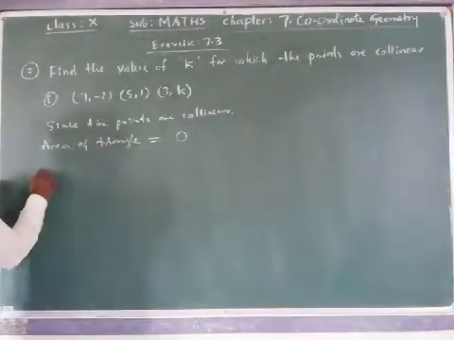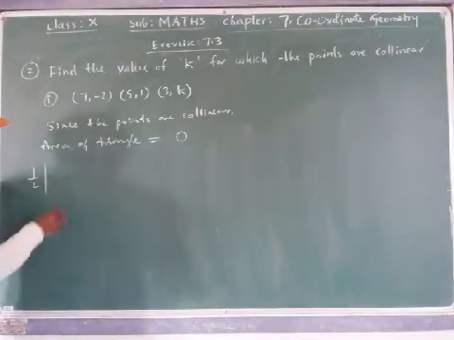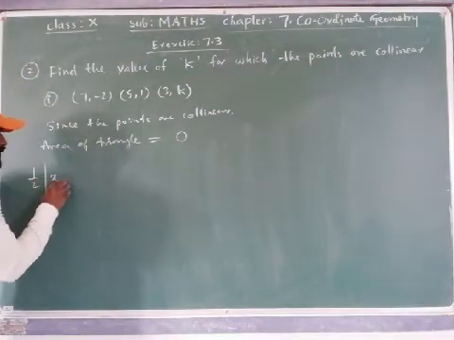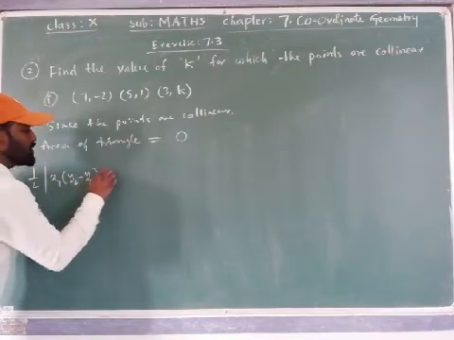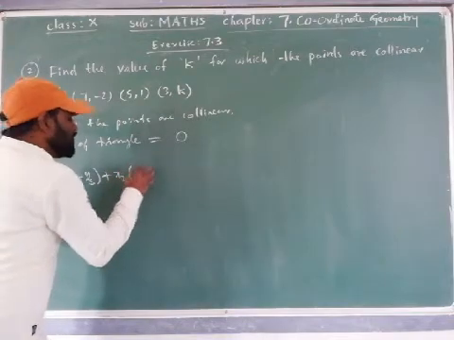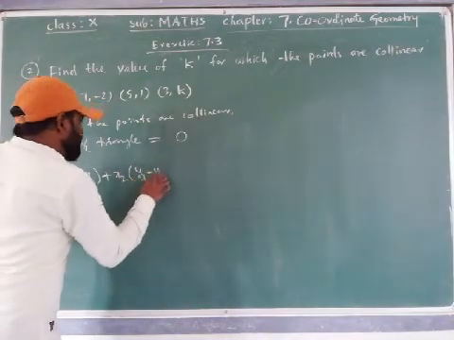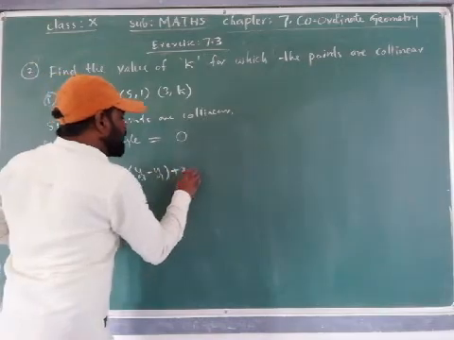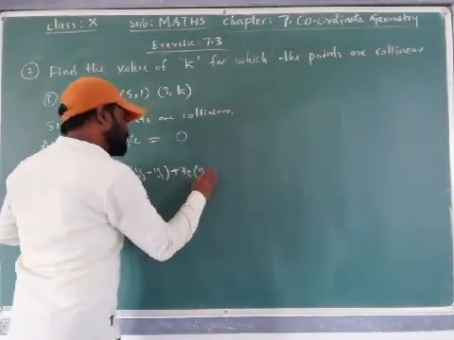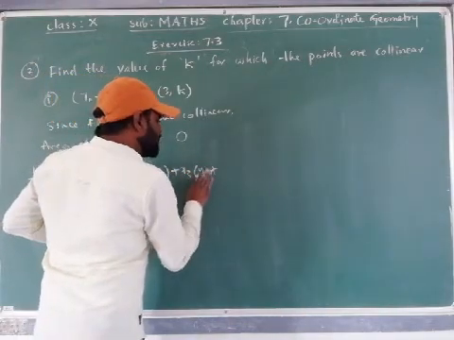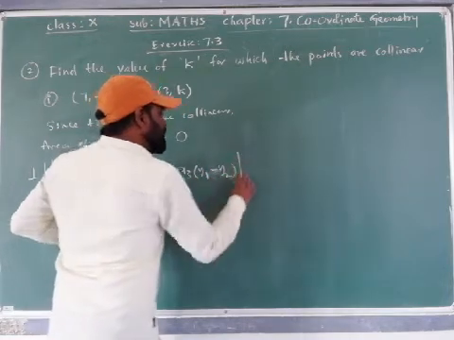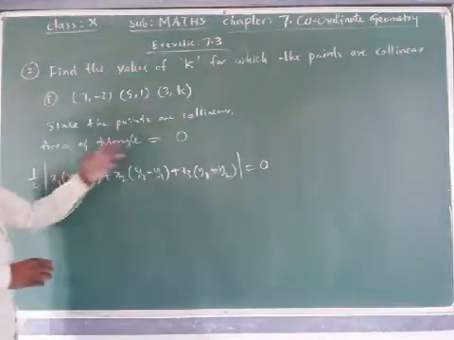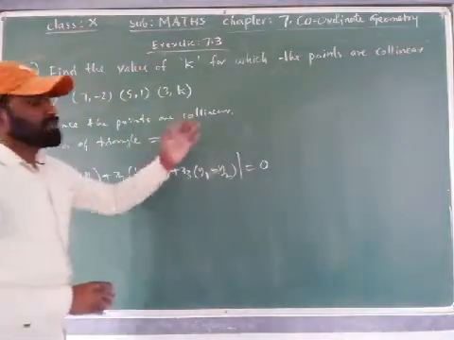What is the formula? Half into modulus of x1 into (y2 minus y3) plus x2 into (y3 minus y1) plus x3 into (y1 minus y2) is equal to 0 here. The area of the triangle should be equal to 0 since the points are collinear.